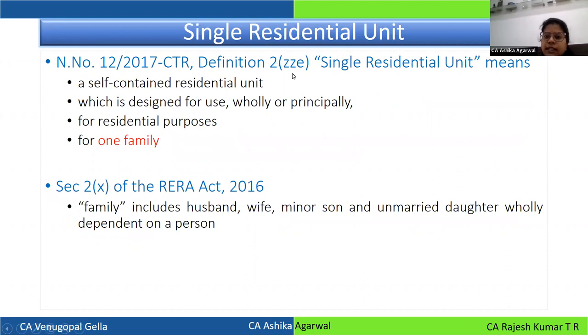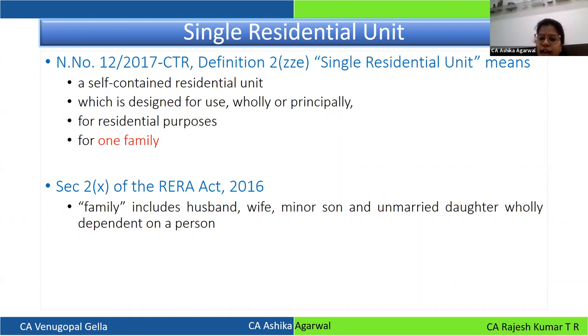Now, single residential unit. The way they have defined it is that it should be for the use of one family. Now, use for one family is very doubtful in how it should be considered, because it may be a case where there are two brothers, both having their families, wife, sons, daughters, their children.